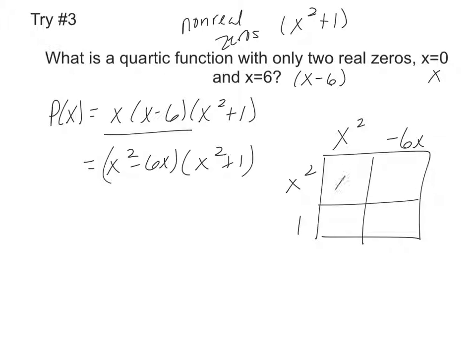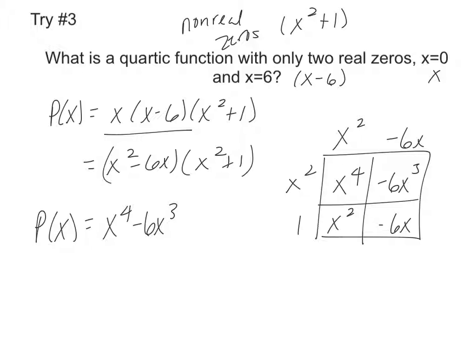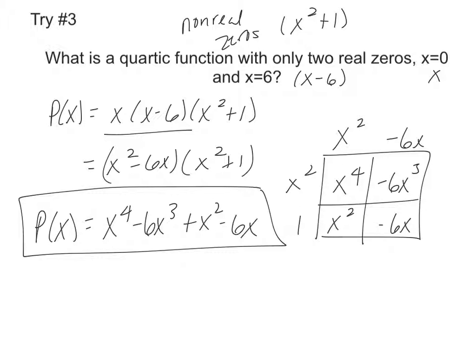All right, so here we go. x to the 4th, x squared, negative 6x cubed, and then negative 6x. So in total, if there are no like terms there, we're going to get x to the 4th minus 6x cubed plus x squared minus 6x. And we are done. All right, guys, we are done. If there are any questions, please come see me for tutoring.